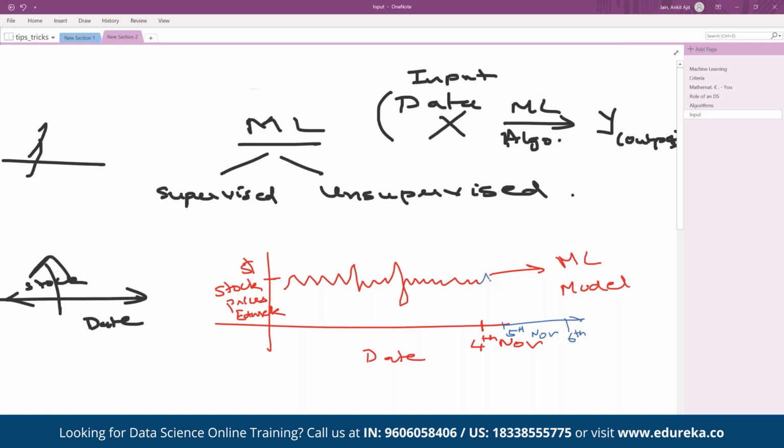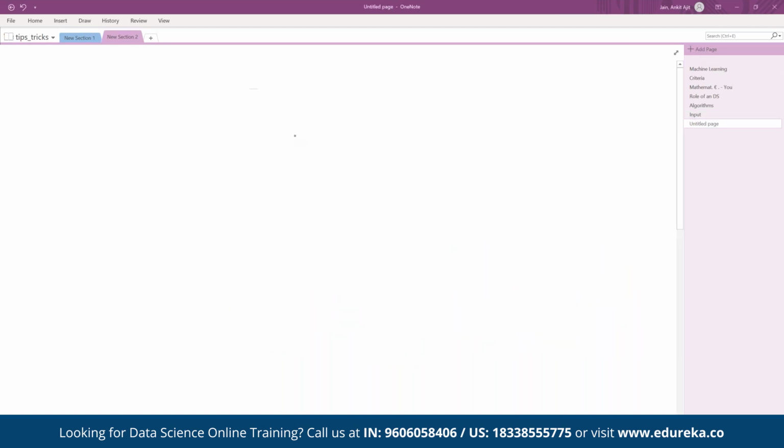Now, how many of you are understanding that if a machine learning model has been trained from historical data and it can predict the prices for tomorrow, can you imagine how much money we can make out of the share market? We exactly know whether the prices will go up or down tomorrow. So this is exactly what machine learning is.